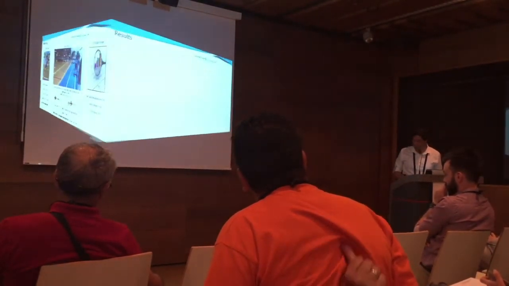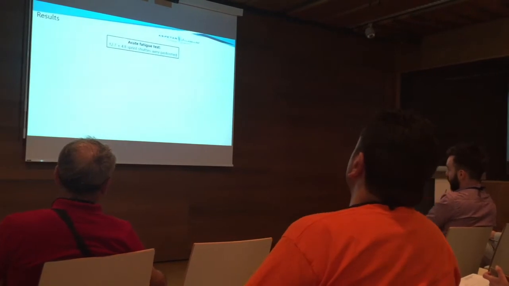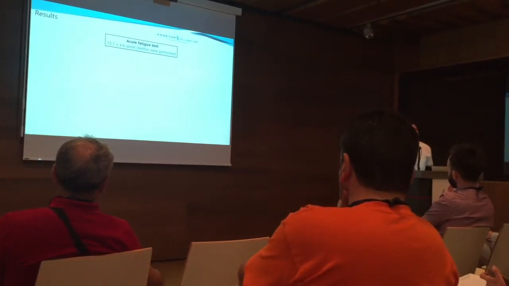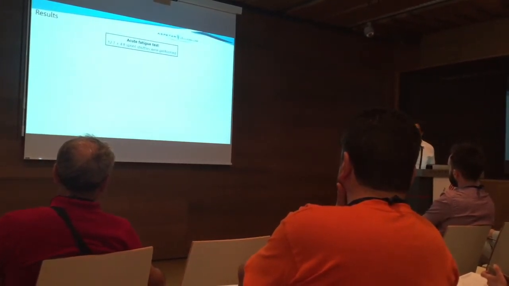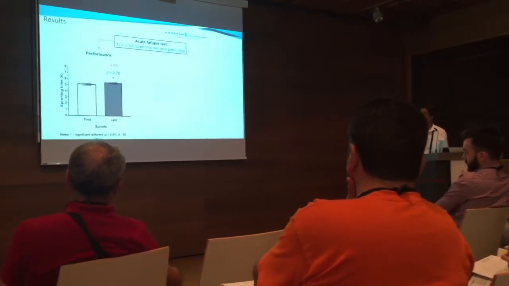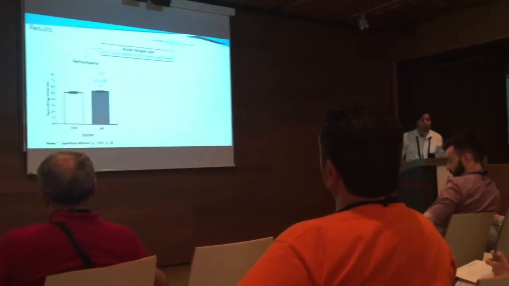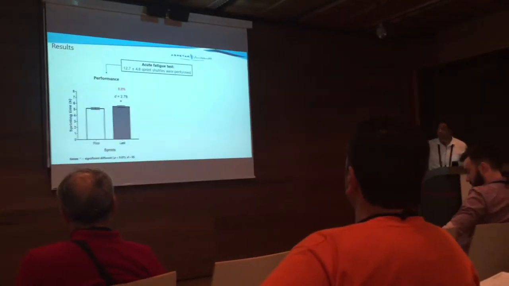During the fatigue test, participants completed 12 maximal repeated efforts, and sprinting time was significantly reduced by 8%, as you can see in the figure on the left-hand side, from the first to the last sprint.